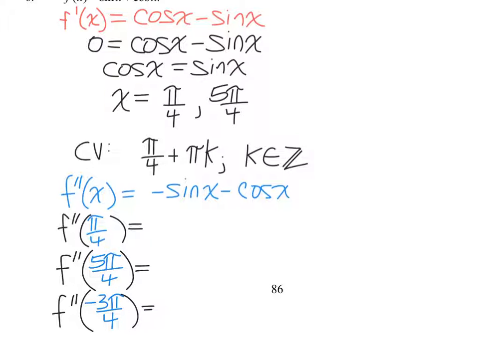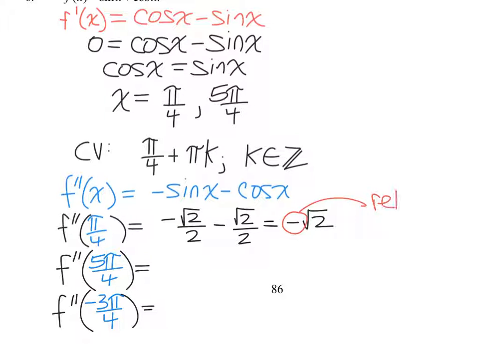All right, so we're looking at, since sine and cosine of pi over 4 are both positive root 2 over 2, you could say negative radical 2 over 2 minus radical 2 over 2, which is negative radical 2. But the key here is that it has to be negative to give a relative maximum.